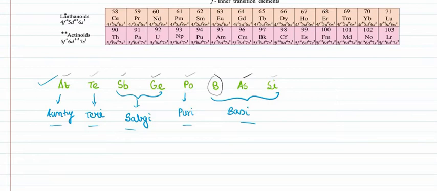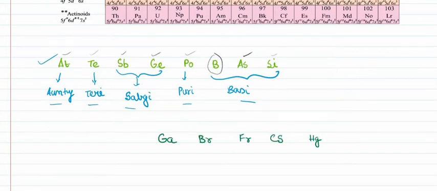Now there is another thing you should know, which is which metals and non-metals are liquid in nature. So all the liquid elements you should know, because they are very few and they can be asked in the exam. Look at these elements: gallium, bromine, francium, cesium and mercury. These are the only elements which are liquids.